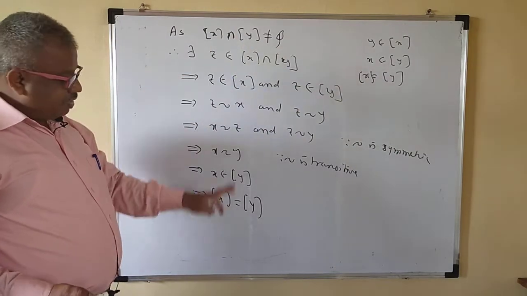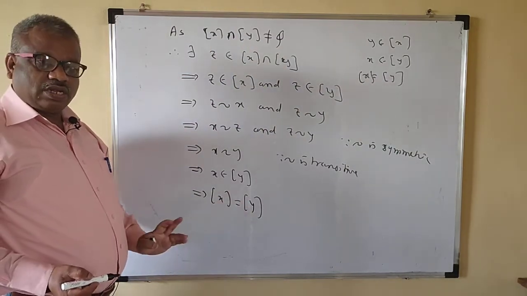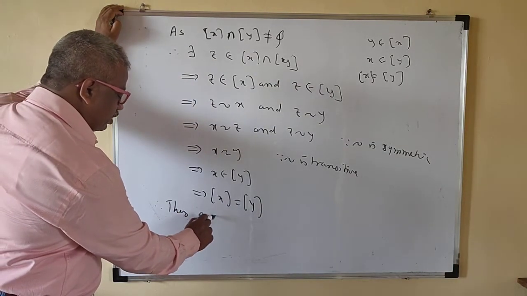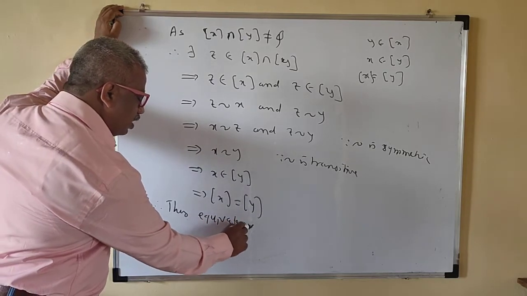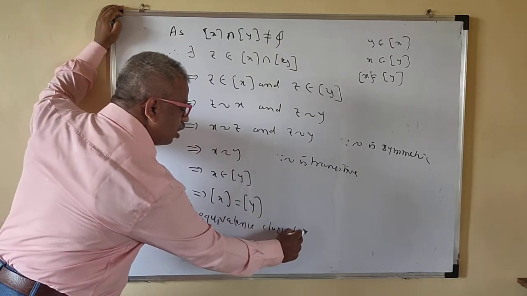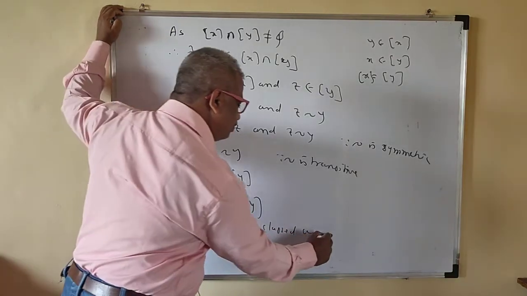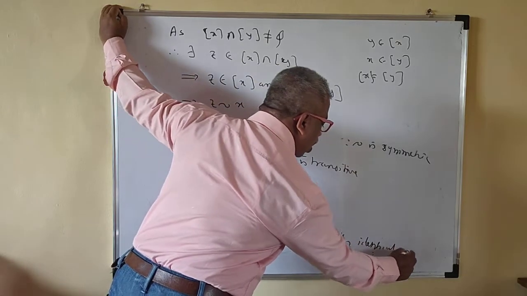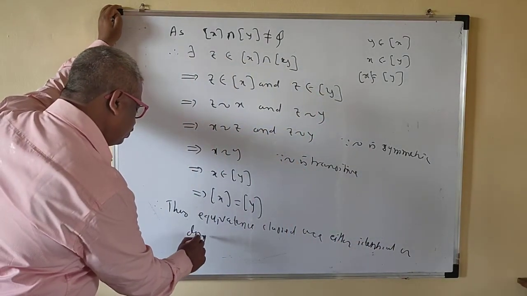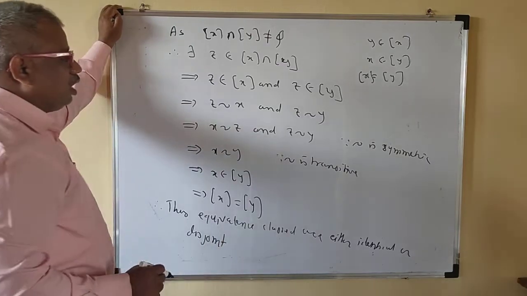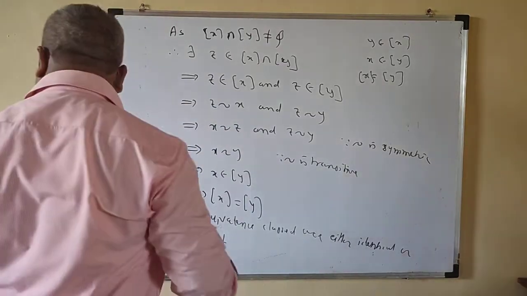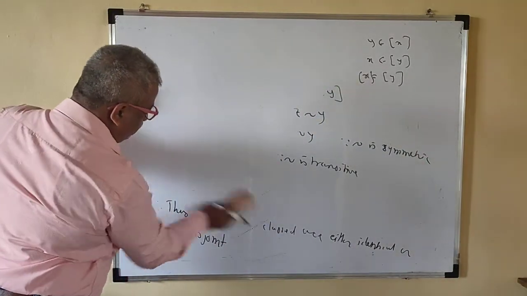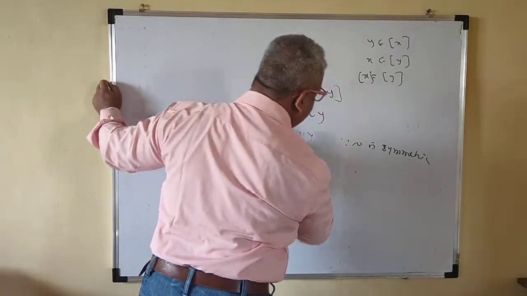If it is empty, obviously the equivalence class of X is not the same as that of Y. Thus equivalence classes are either identical or disjoint. We'll apply this in the partition. These two theorems are very important in this chapter.